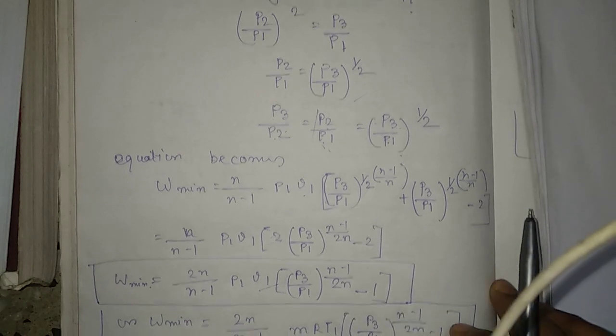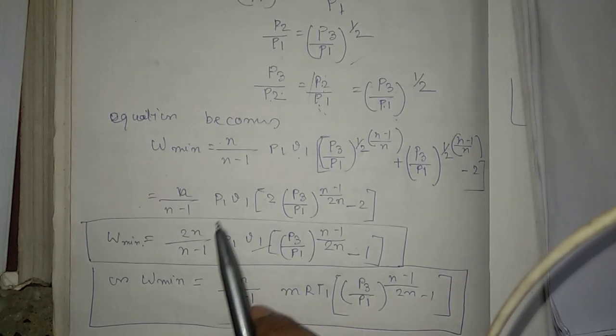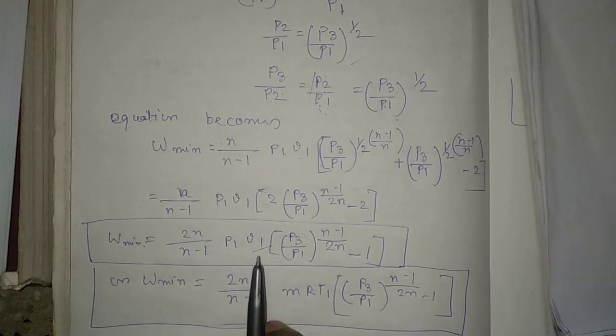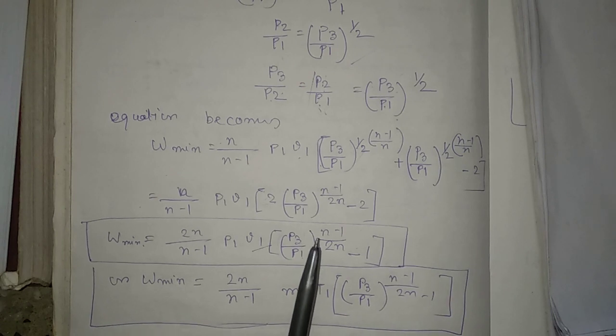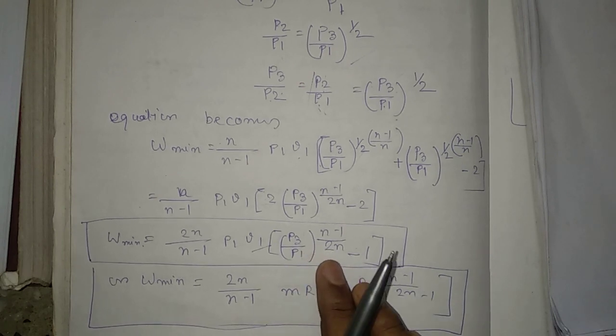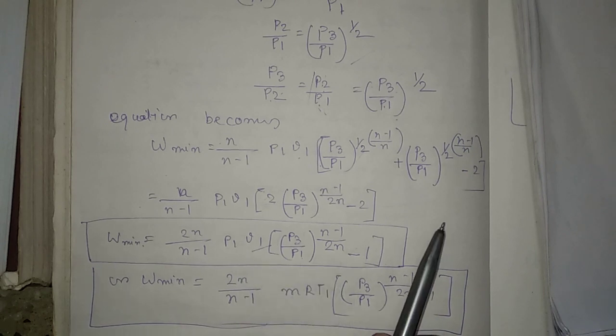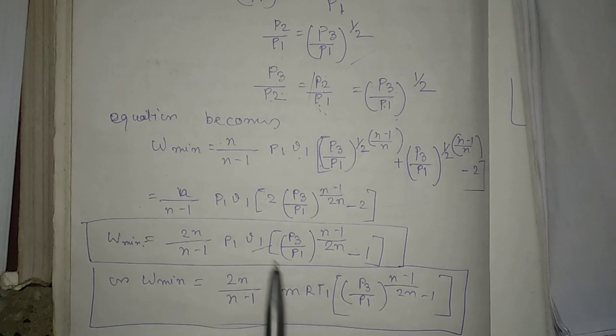Now, as we know, this type of compressor, basically an air compressor, has air that behaves as an ideal gas, so we assume that. The ideal gas equation gives P1 V1 equal to mRT1.